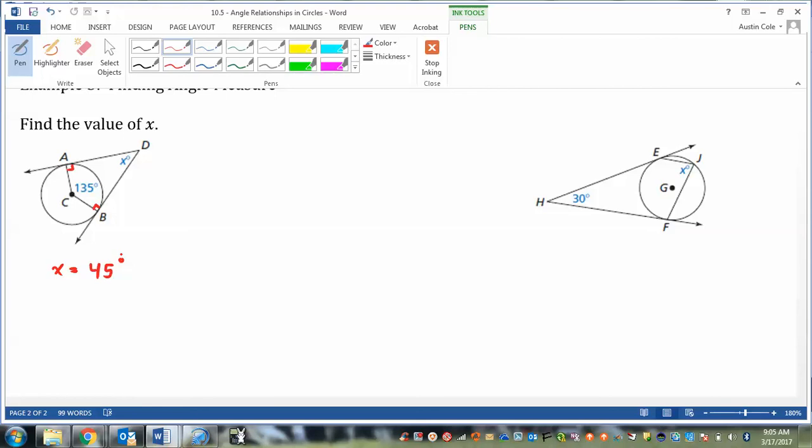So 30 equals 180 minus x. Okay, now here's the issue. This angle is going to be 180 minus the central angle, that angle. This is not a central angle, but rather that's an inscribed angle. See that?